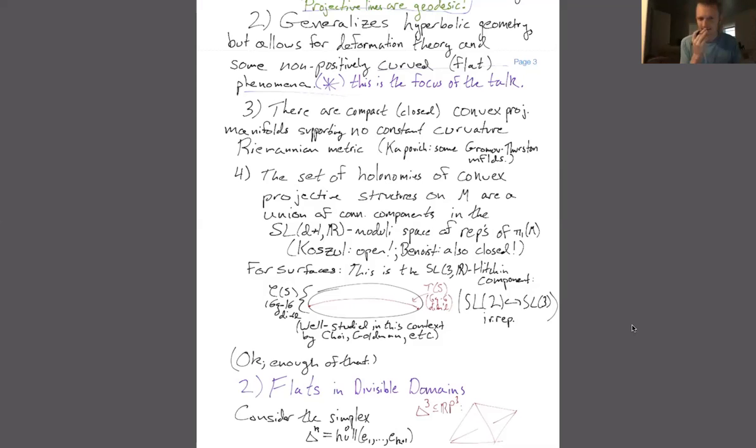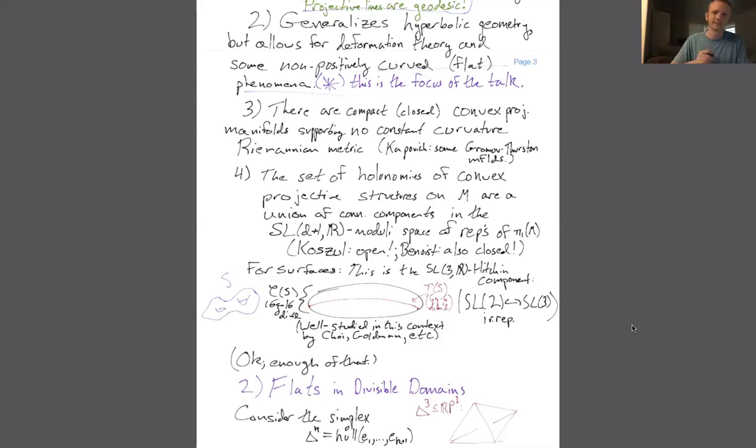And I want to just say that in the case where you have a hyperbolic surface, this is the Hitchin component. So the space of convex projective structures on a surface is exactly the SL3 Hitchin component, which is a 16g minus 16 dimensional ball, and the Teichmuller space sits in there.